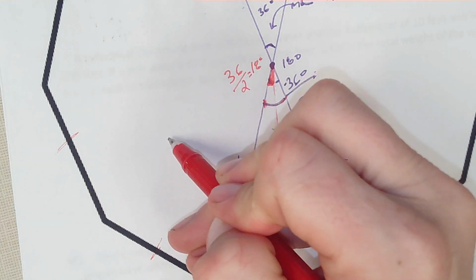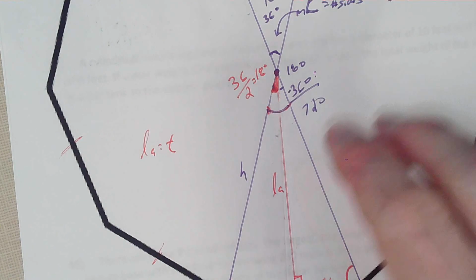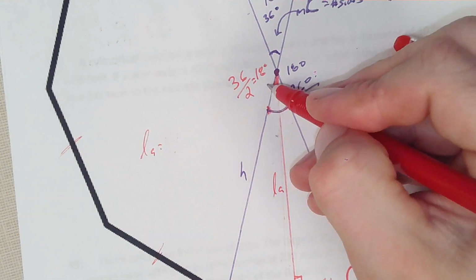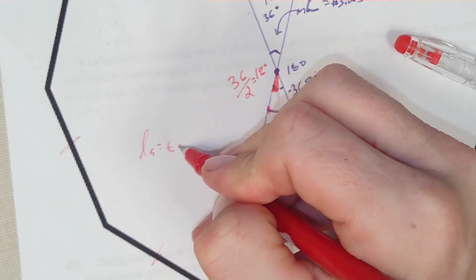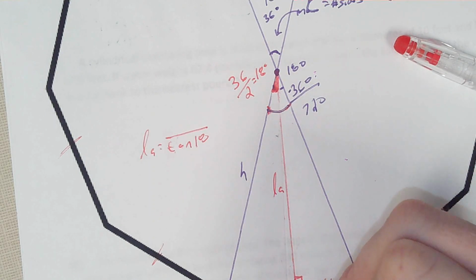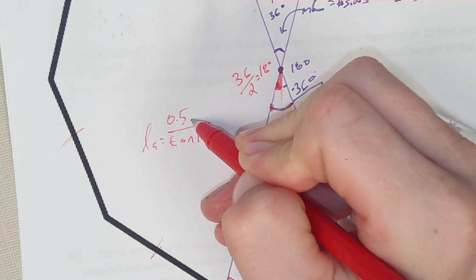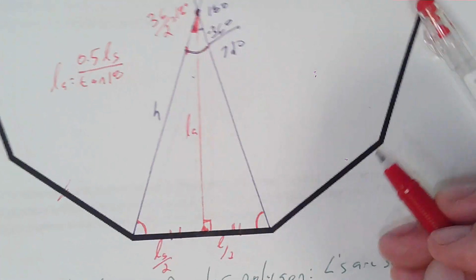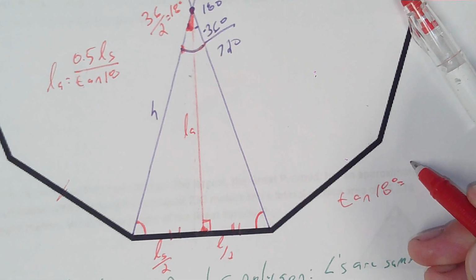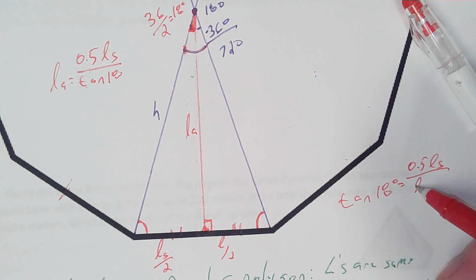So the length of the apothem in terms of tangent. The tangent of 18 degrees equals the opposite, 0.5 times the length of the side, over the length of the apothem.